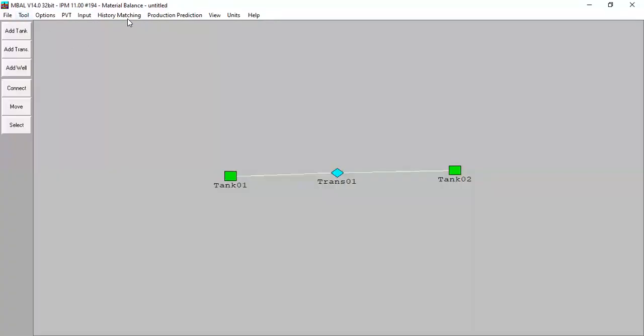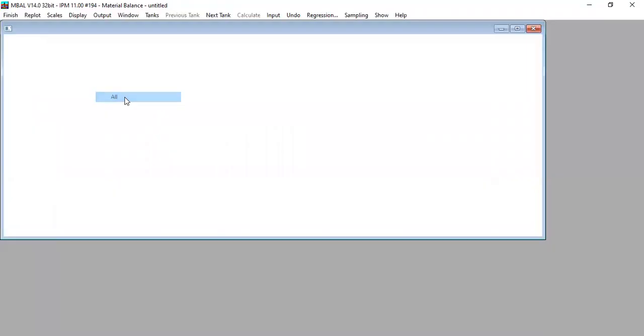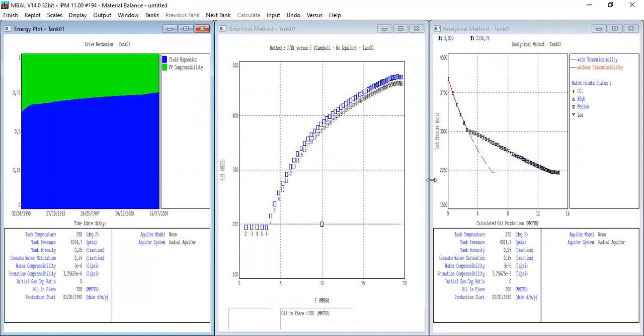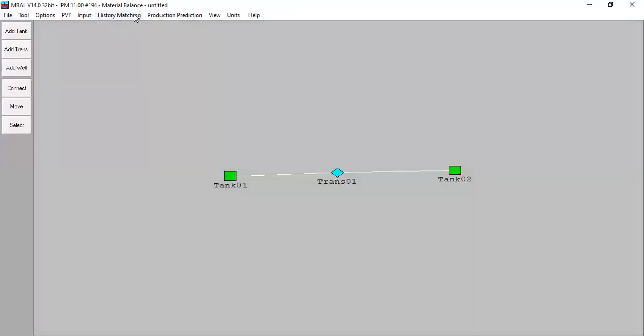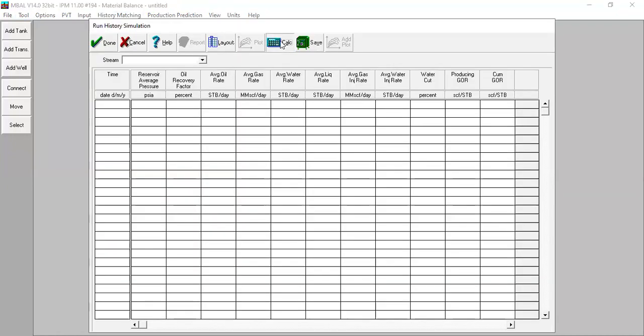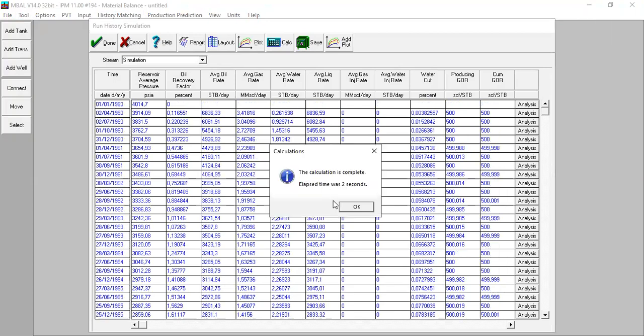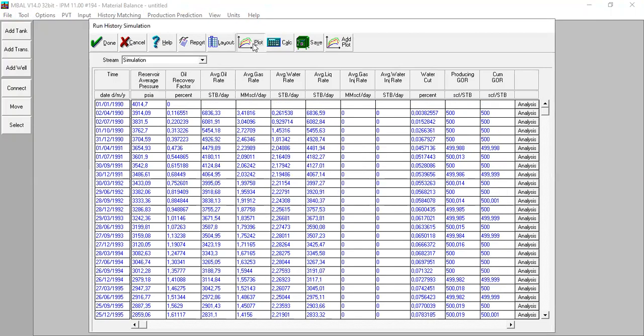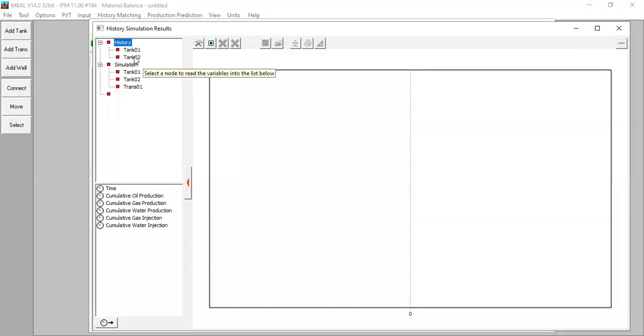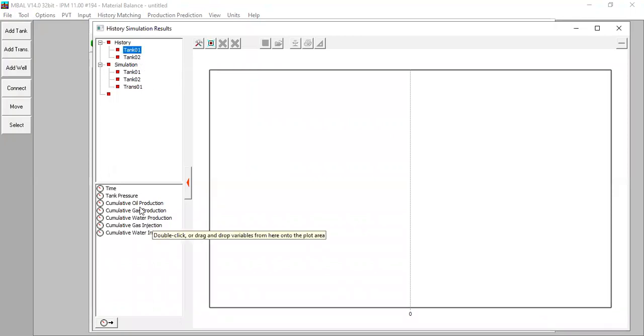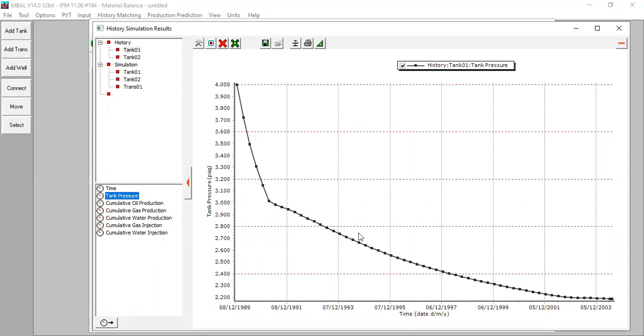Okay, so click finish, and then this is for all analysis. Again, our main method is the analytical method, and click finish. Now check the run simulation, calculate. Okay, plot, check the tank 1 production history or tank pressure like this.